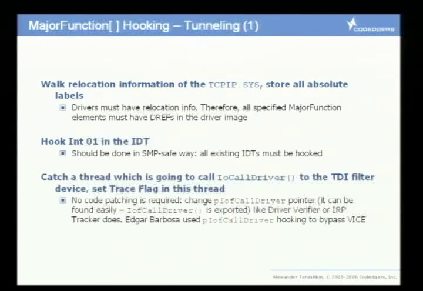So if you get a list of all absolute pointers in the TCP/IP driver, some of them will be our needed major function addresses. Then we will hook INT 1 in all IDTs existing in the system, and we will install ourselves as handlers of INT 1.